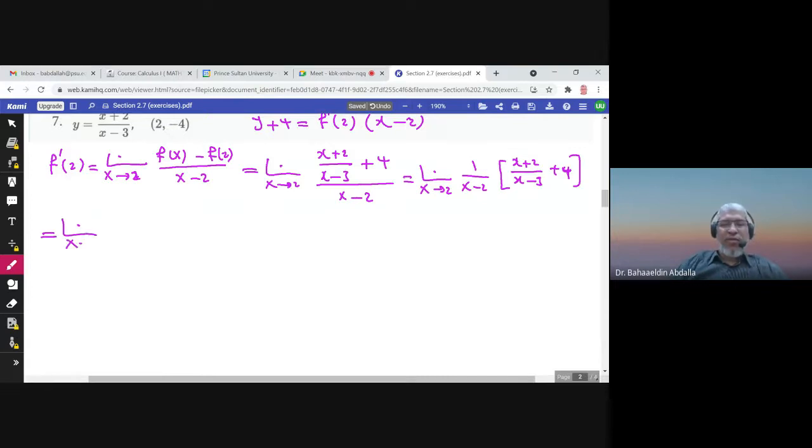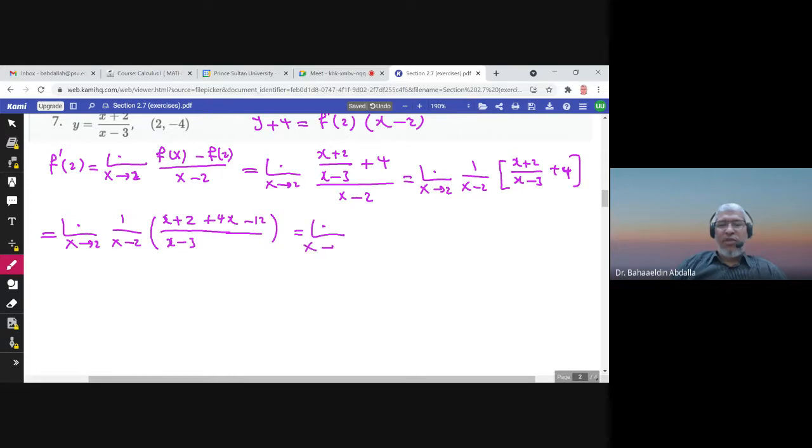So I have the limit as x approaches 2 of 1 over x minus 2 times, if you use the formula to add two fractions together, this is 4 over 1. Then I have x minus 3 here, and 1 times x plus 2 plus 4 times x minus 3. So it's plus 4x, and 4 times minus 3 is negative 12.